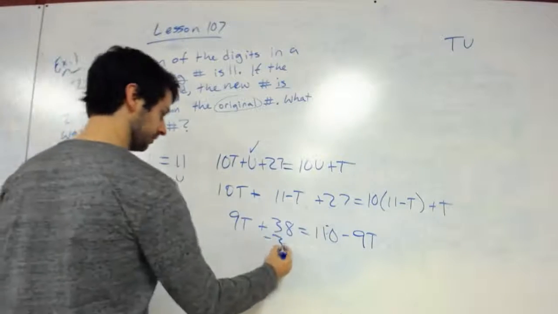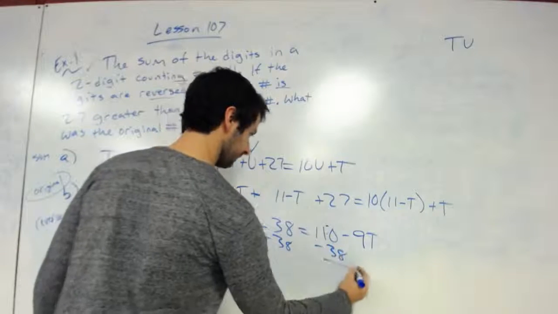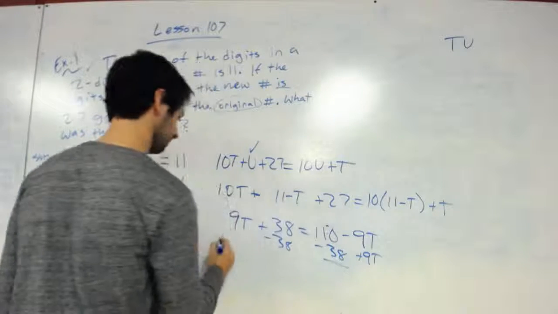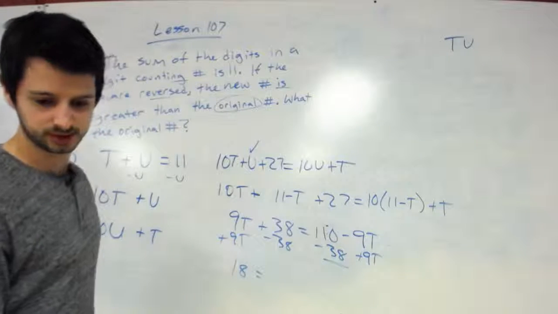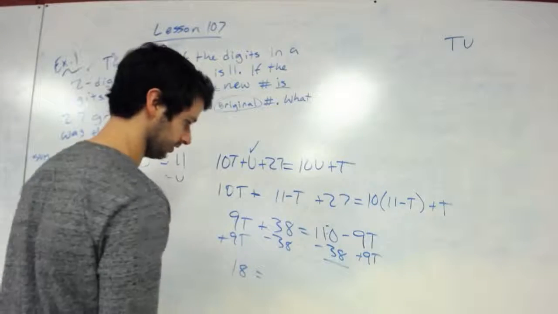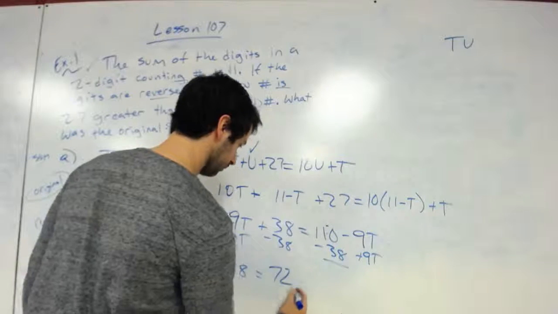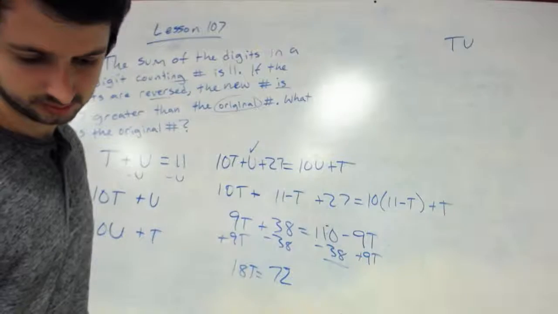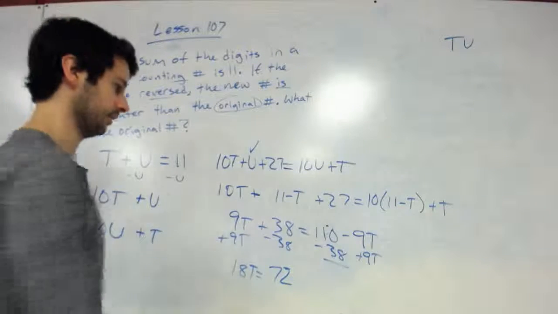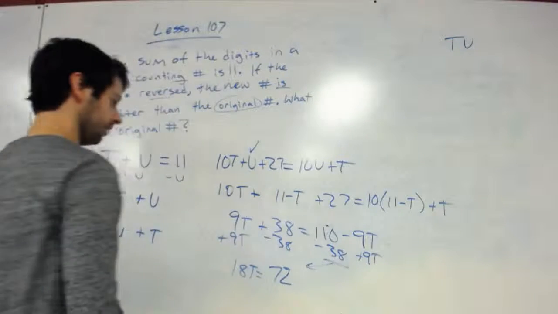Keep solving. 18t equals 110 minus 38, which is 72. So 18t equals 72.